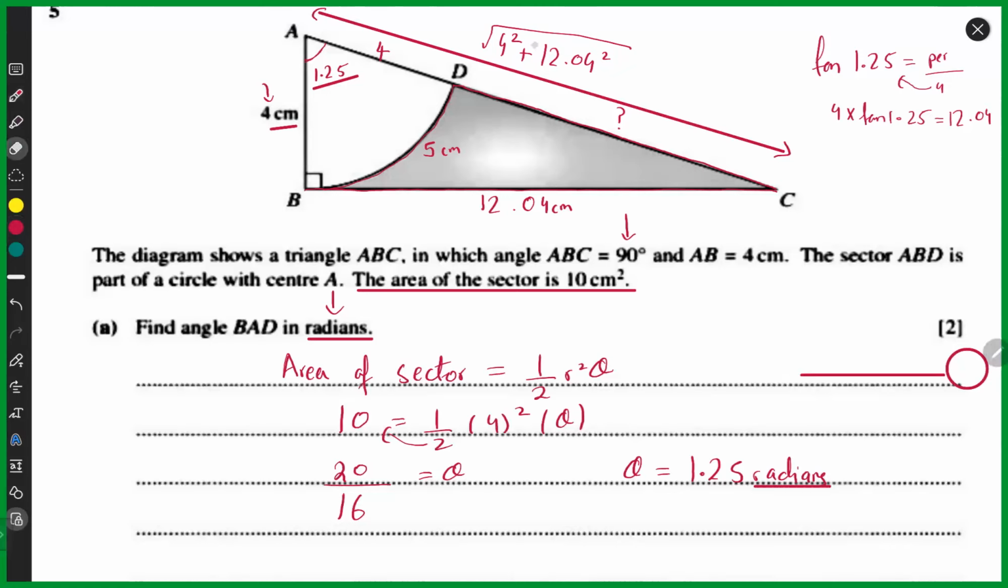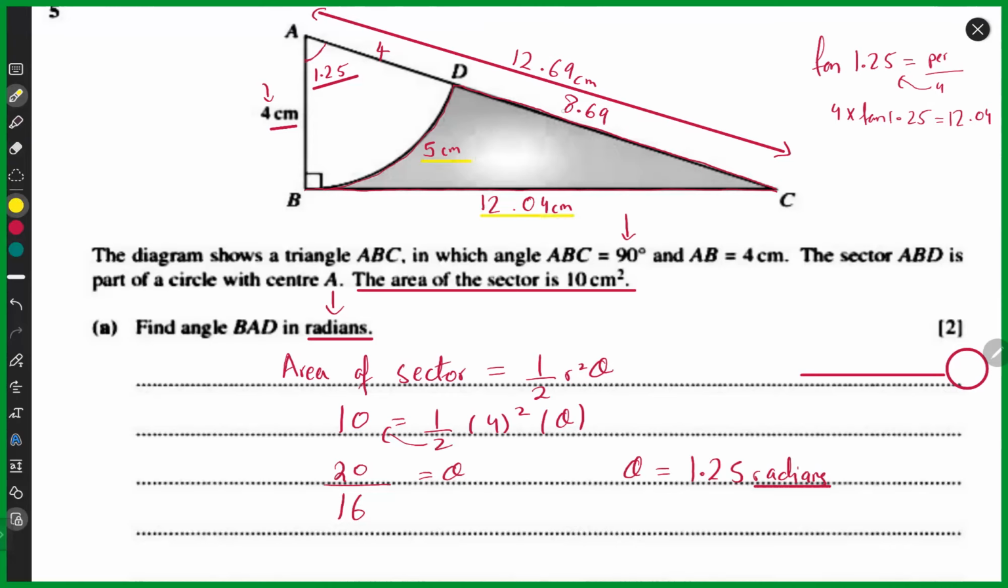Yes, that's correct. So I'm writing this directly because both of you know that we have used the Pythagoras theorem. This is 12.69 centimeters, but we are interested in DC only. So we will do 12.69 minus 4, and this would give you 8.69.